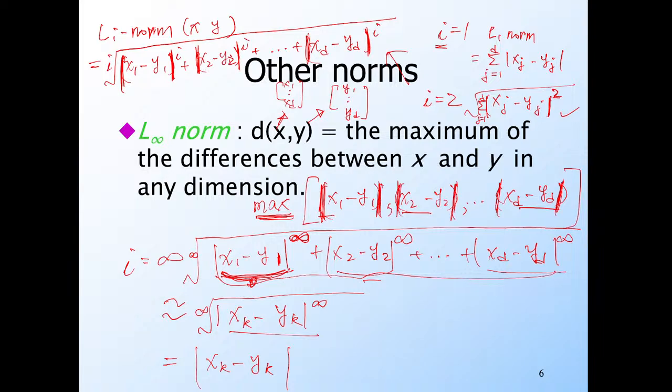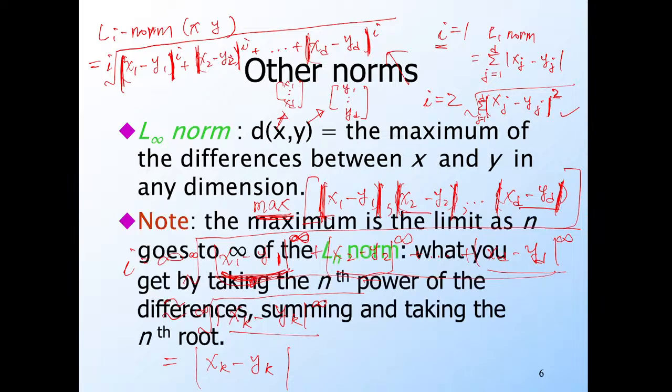Does it make sense? Okay, let's continue. Here is just explaining what the Lk norm is, and why the L infinity norm is the maximum of the difference between x and y in any dimension.